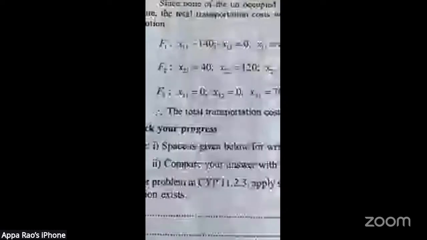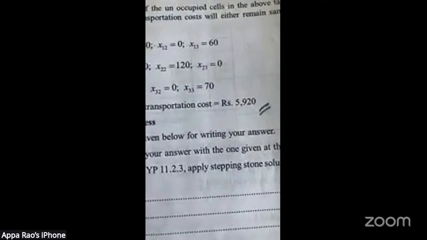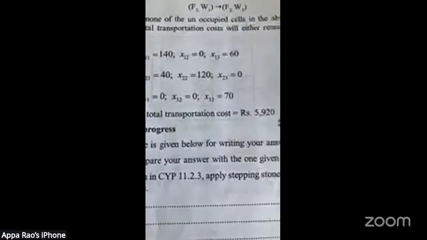So for factory F1: X11 equal to 40, X12 equal to 0, X13 equal to 60. Similarly, factory F2: X21 equal to 40, X22 equal to 120, X23 equal to 0.